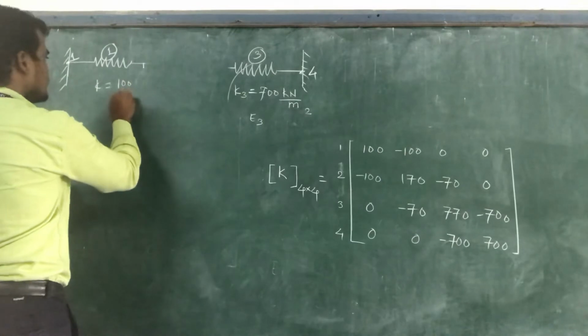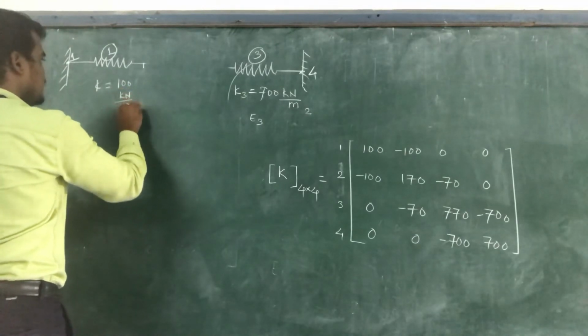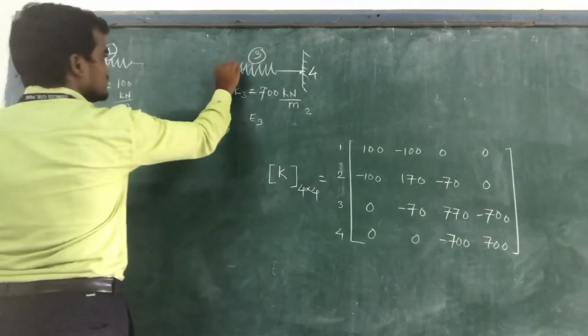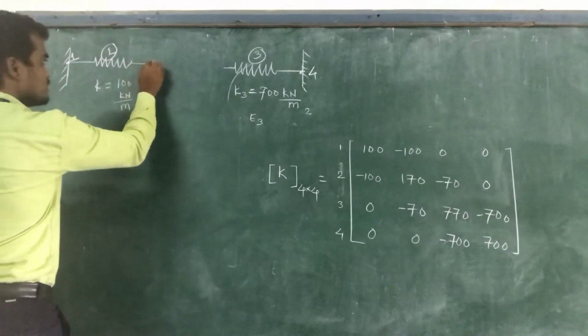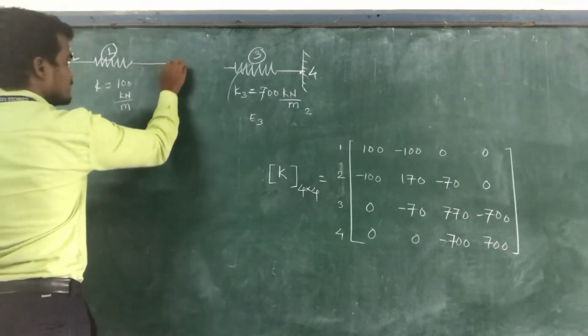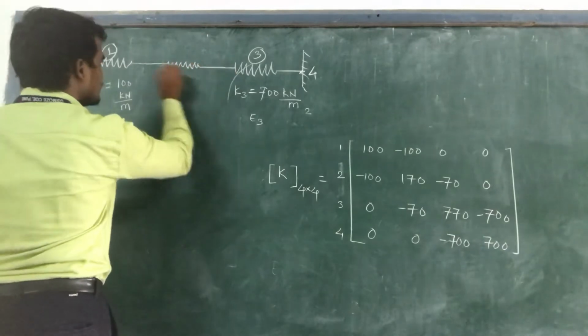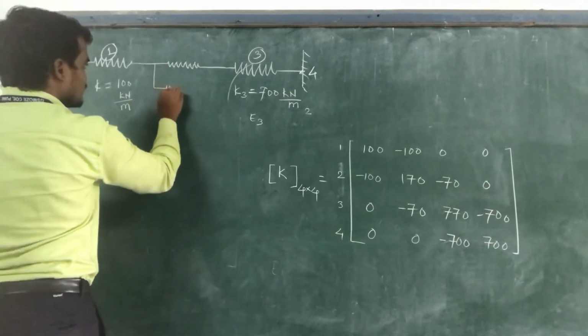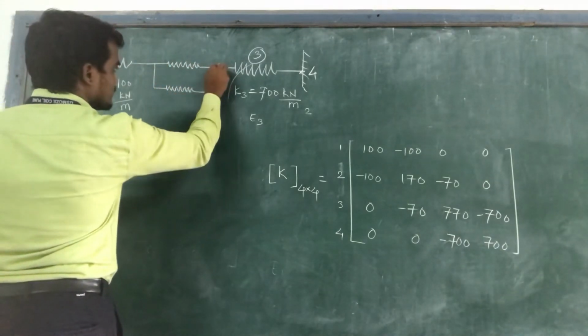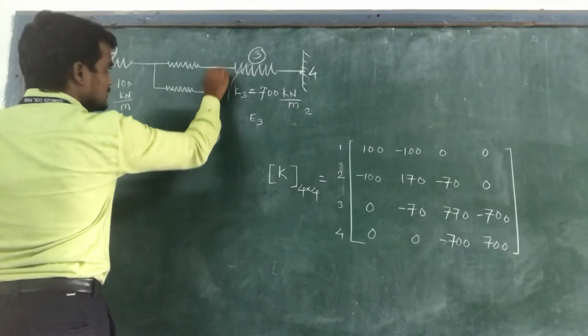Remaining values are the same, kilonewton per meter. Okay, this is the spring system.